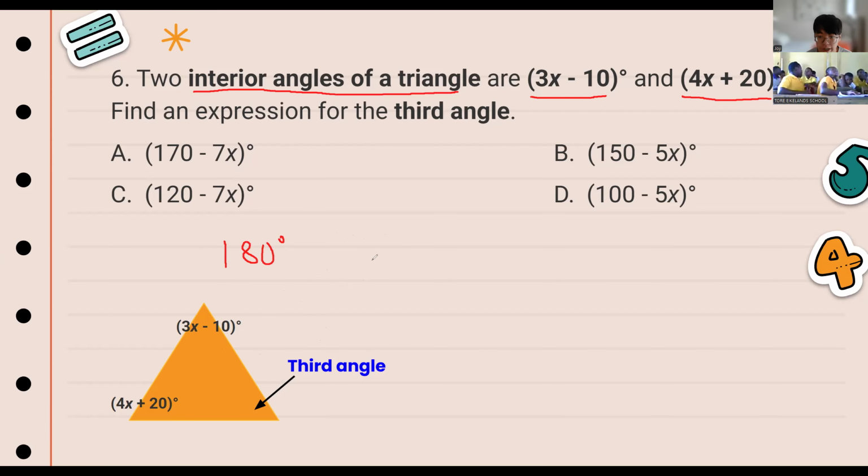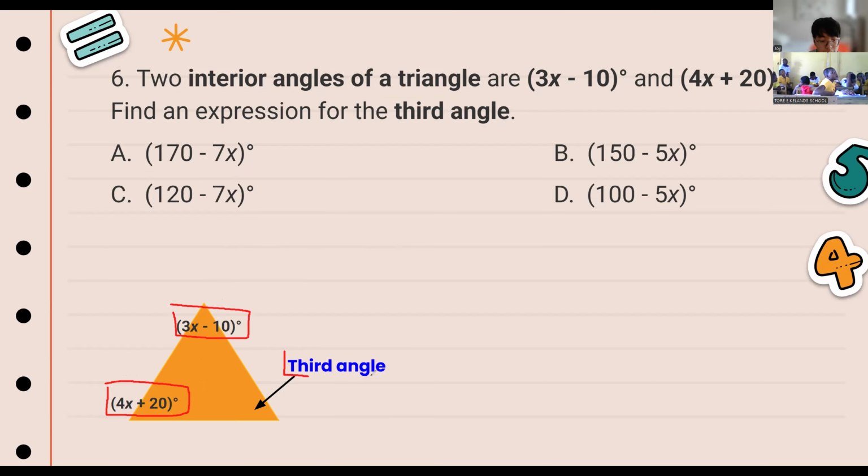And what about rectangles? The sum of inner angles of a rectangle is 360 degrees, right? So these are just conventions that we use. But since the sum of these inner angles is 180 degrees, we can add these together, right?